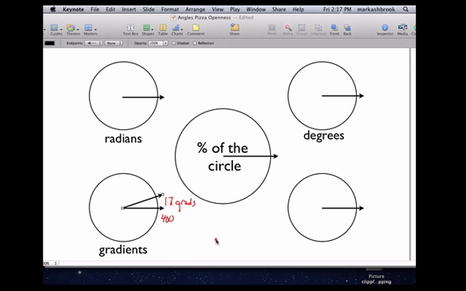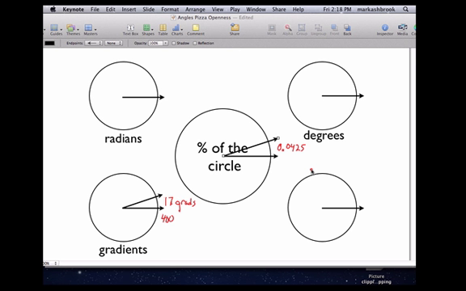What will be first? Percent of the circle. Did you get the percent of the circle yet? 0.0425. How will we get degrees from that percent of the circle?